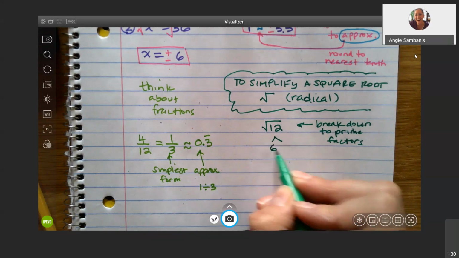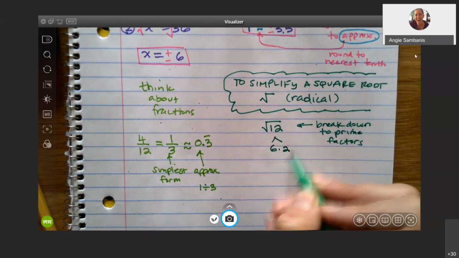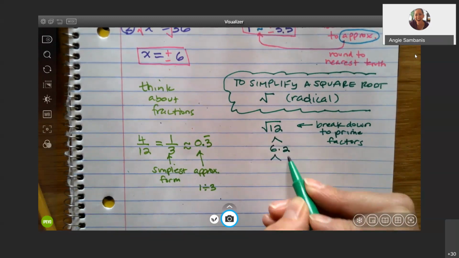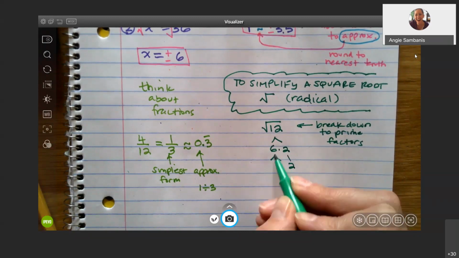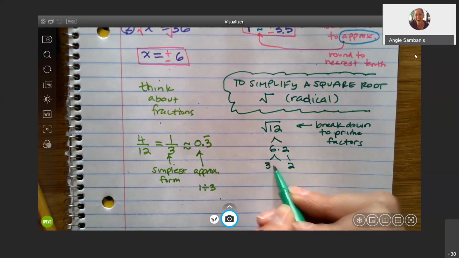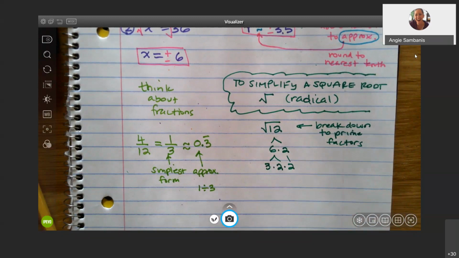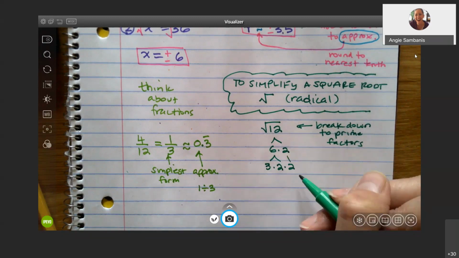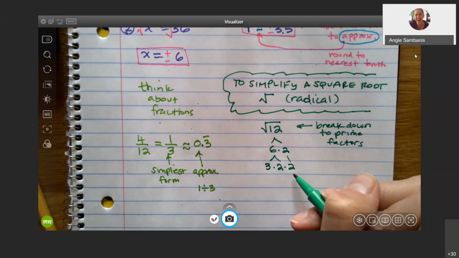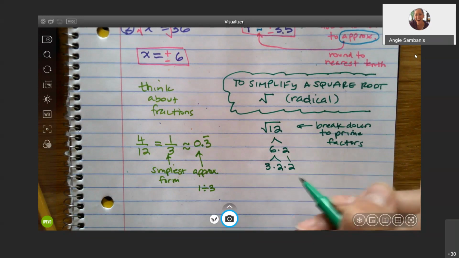Six times what? 6 times 2. Okay. Now these are not all prime numbers, so we're going to break it down again because 6 can break down to 3 times 2. So we're going to break it down to its prime factors, all the way down so that all the factors only have factors of 1 in itself.